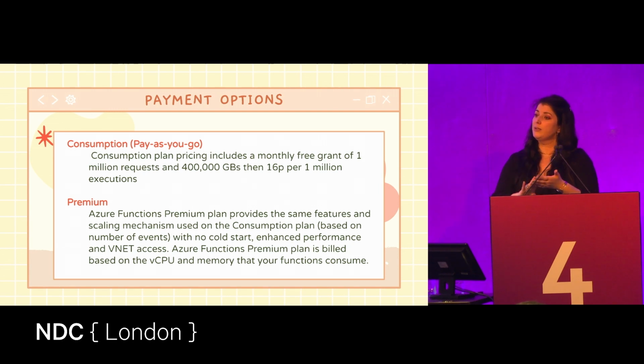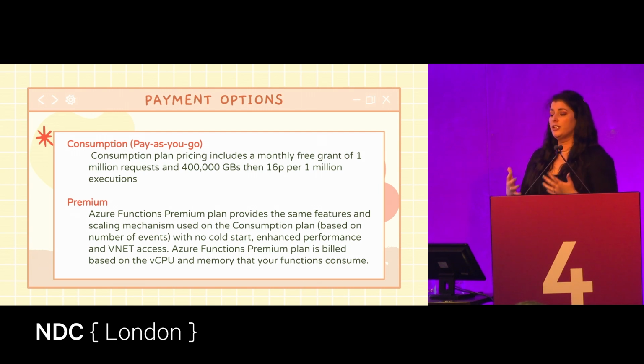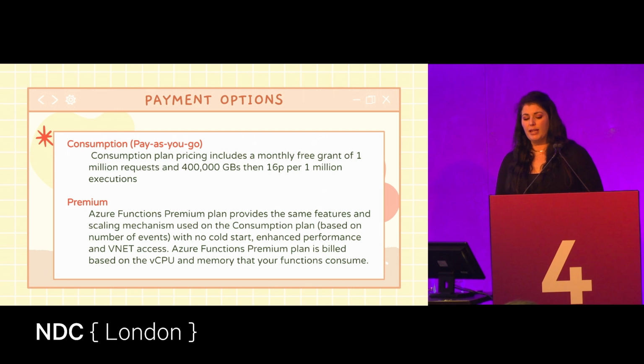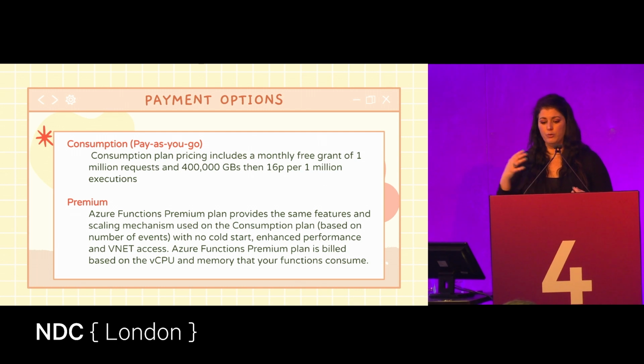So you use Blazor WASM in the front, but all of your APIs are built in Azure Functions because they're so cheap. They're free. So you can go and play with them, and if you've got personal projects, they're not going to cost you anything. So they are great to play with. And if you are using them for business, they're going to be really cheap. If you've got millions and millions of things going through, they're still really cheap.